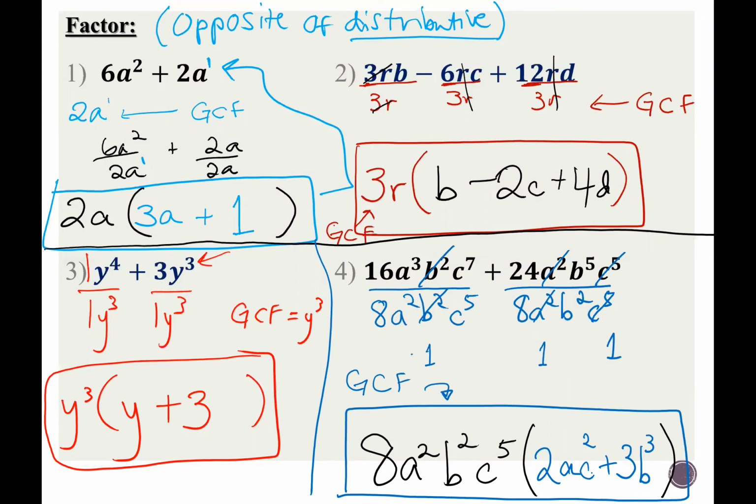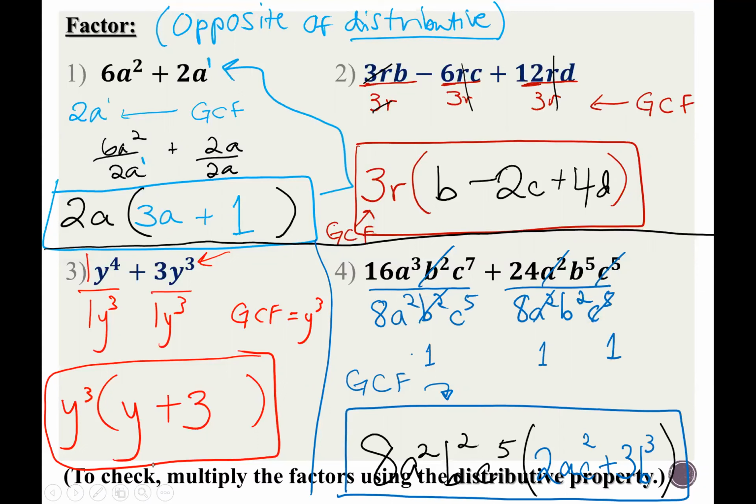And the inside of the parentheses is what we got when we divided each term by the GCF. All right, good. Let's see what we have next. Oh, and here's that note I've been saying, to check, multiply the factors using the distributive property. Yep, we saw that.